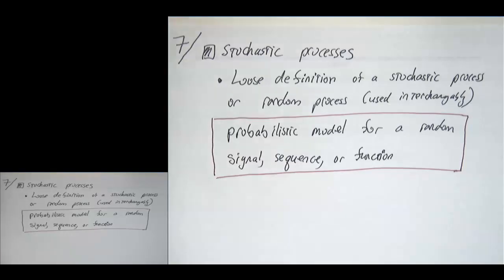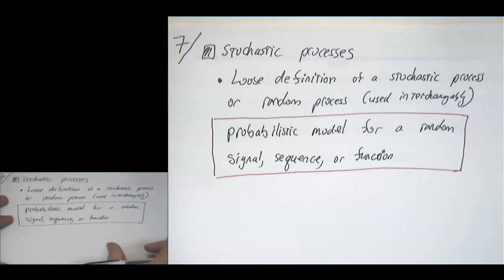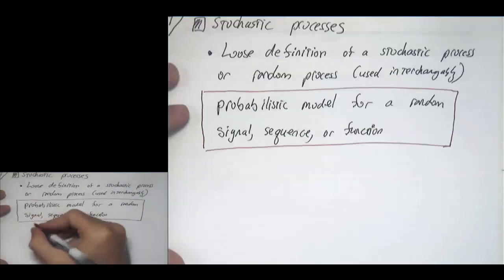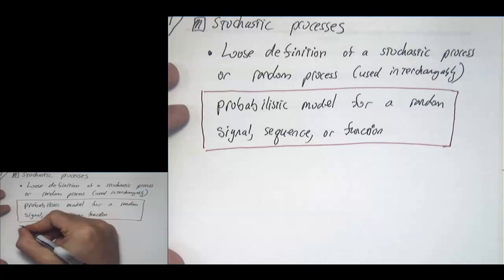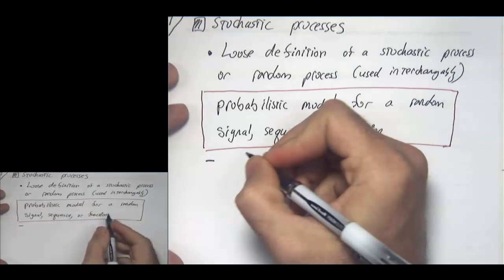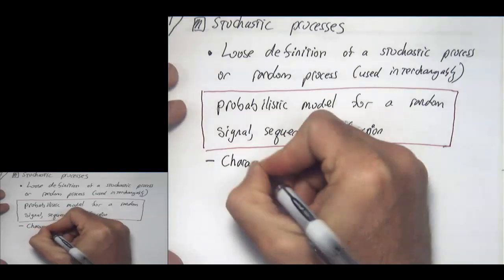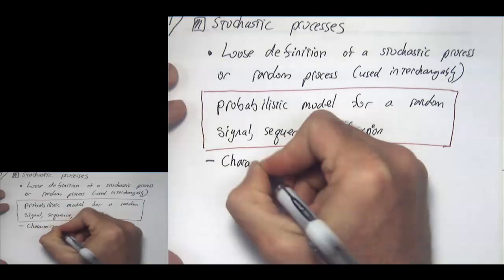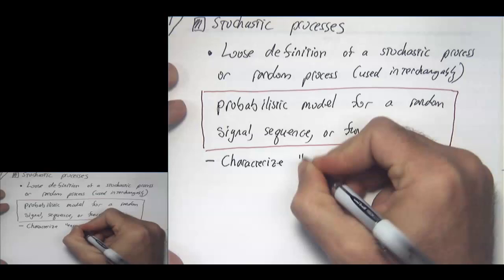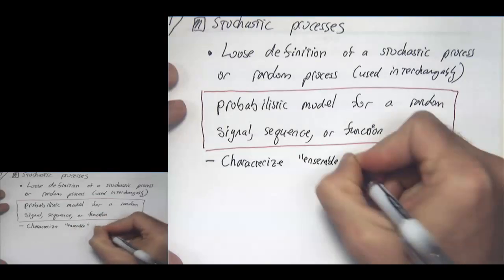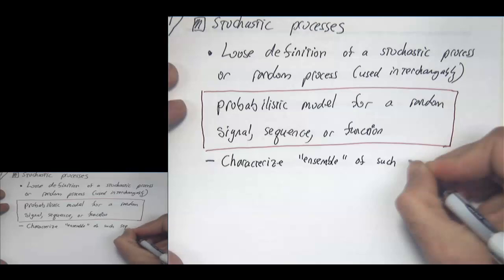It could also be a random function or random sequence. One thing that's important to note is that when we talk about a random signal, sequence, or function, what we want to do is characterize an ensemble of such sequences or functions.